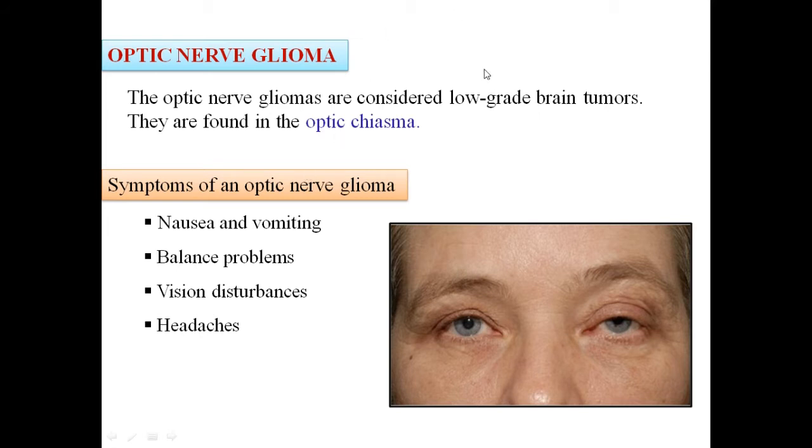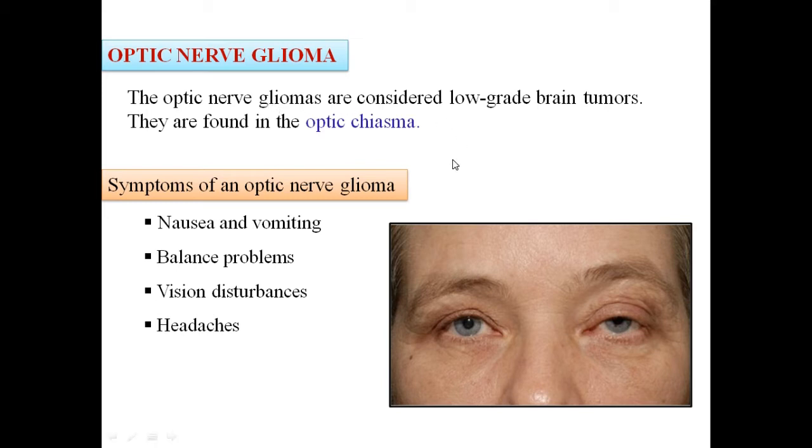You can see that optic nerve glioma is one kind of deformity of the optic nerve. Generally the brain and central nervous system are made up of nerve cells and glial cells. The function of the glial cells is to support and protect the nerve cells of the brain and central nervous system.